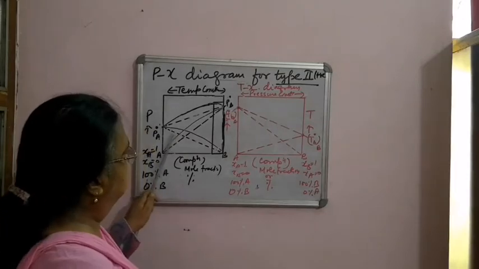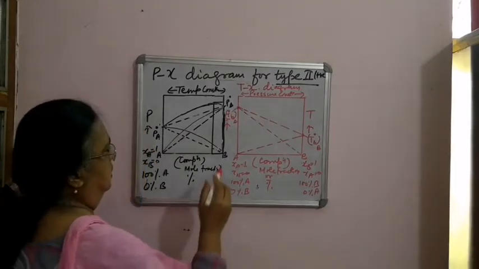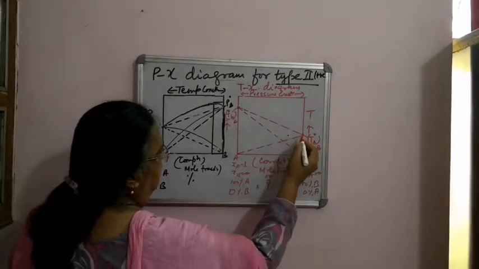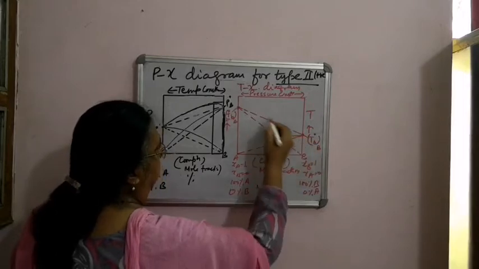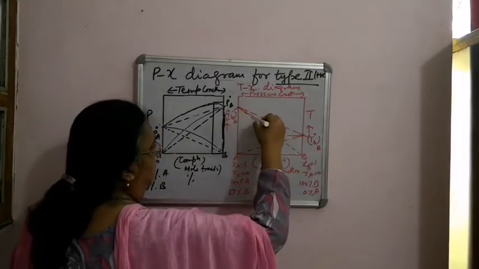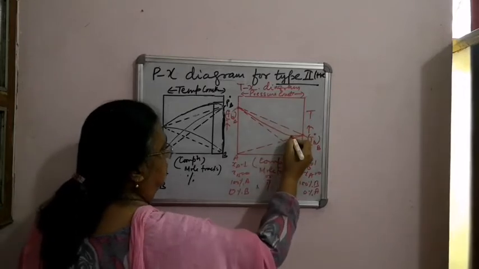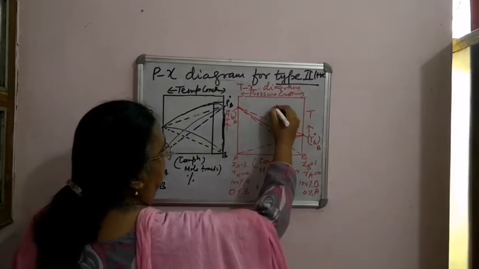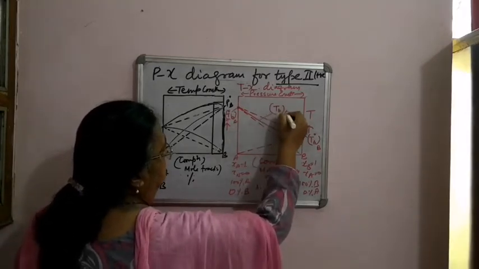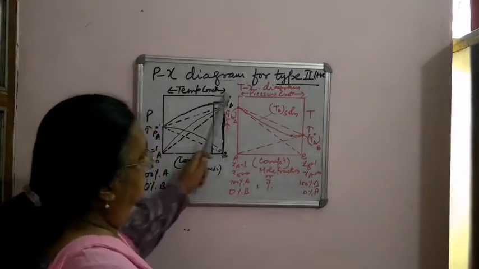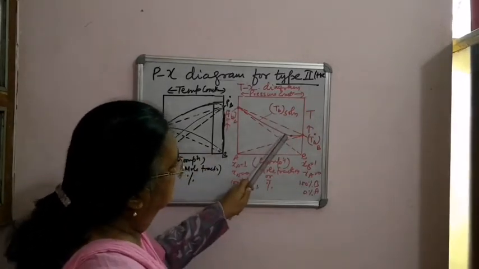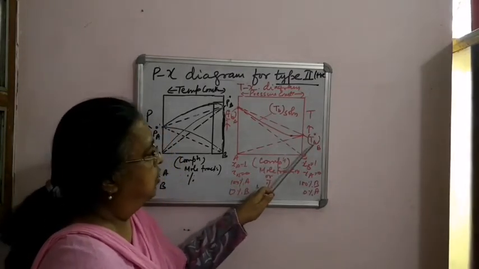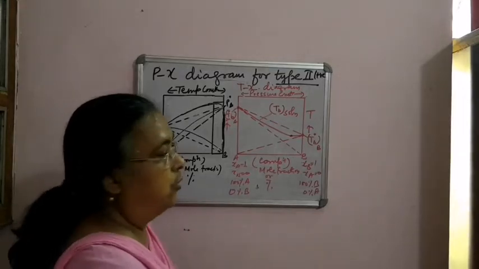Now if we convert this to this, we will have a mole fraction where the line is indicating the boiling point of the solution. The boiling point of the solution at one point is less than the boiling point of the component which is more volatile.